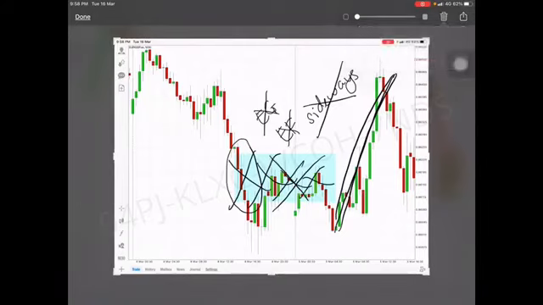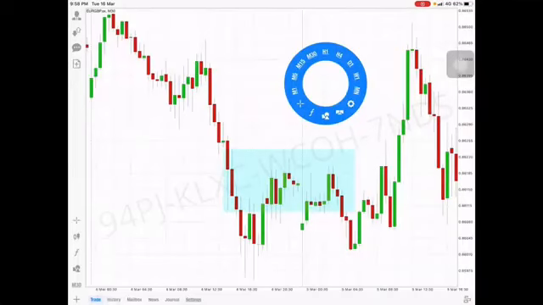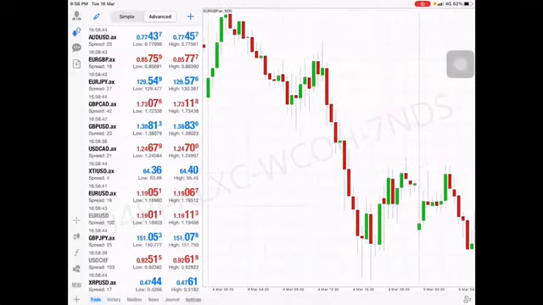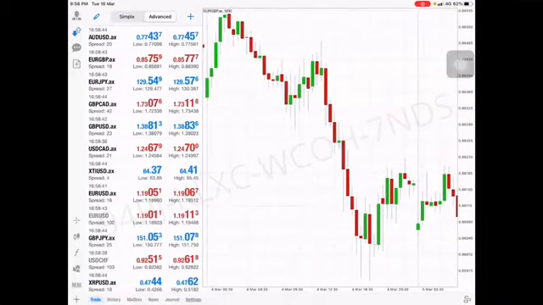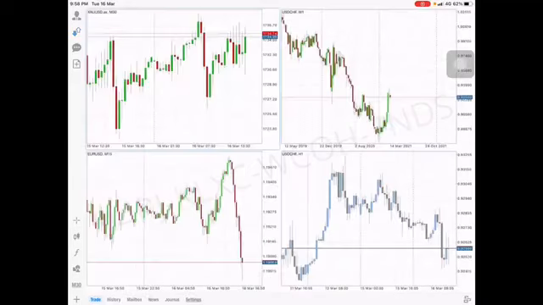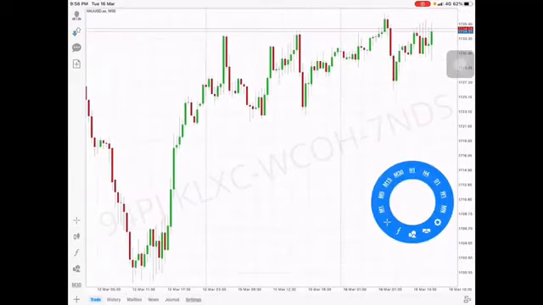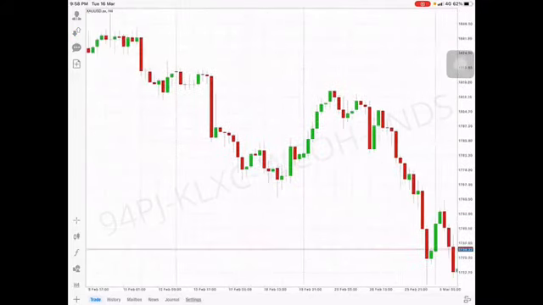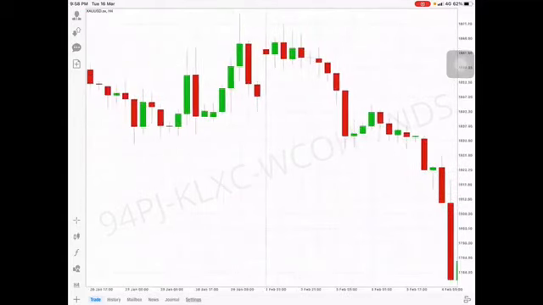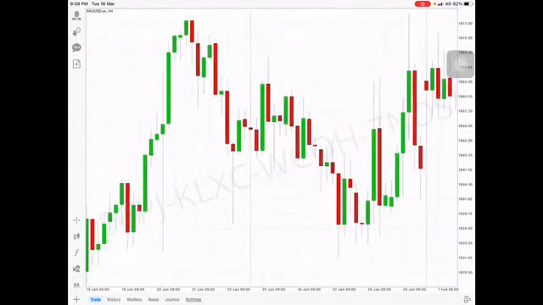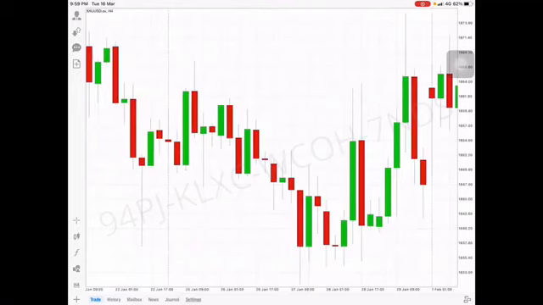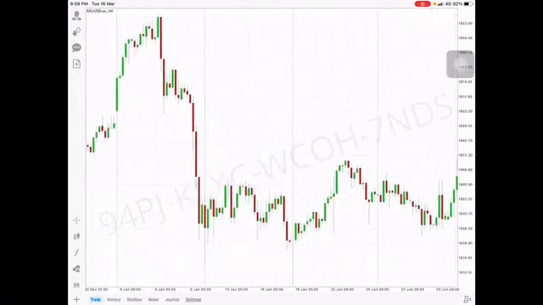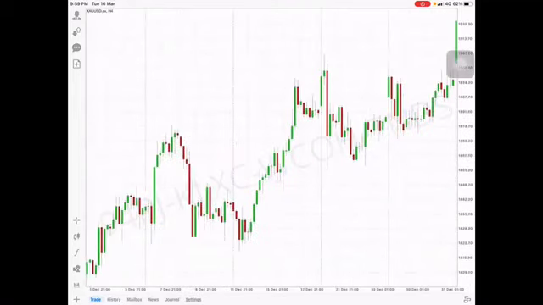Okay, so let's find one that I can show you as an example. Let's say I'm going to use the gold chart because I'm used to gold. It's easier for me to show you examples. For example, let me try to find one. I'm going to go to H1.